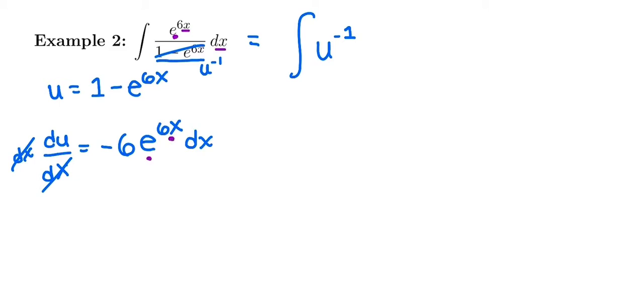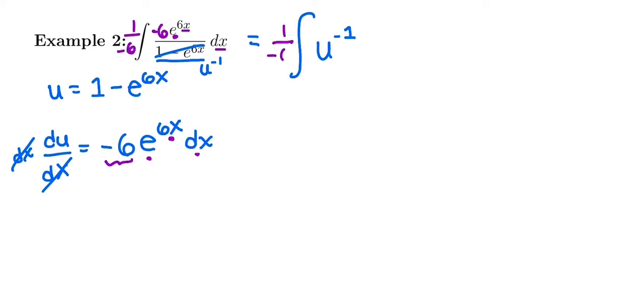I needed a -6 e to the 6x dx, but I'm missing this -6. So we're missing a -6 on the inside. One option is to just put it in there. Visually see that -6 in there, but you can't multiply it by a negative and make it 6 times too big. You're going to put the reciprocal outside. So you're going to do 1 over -6.